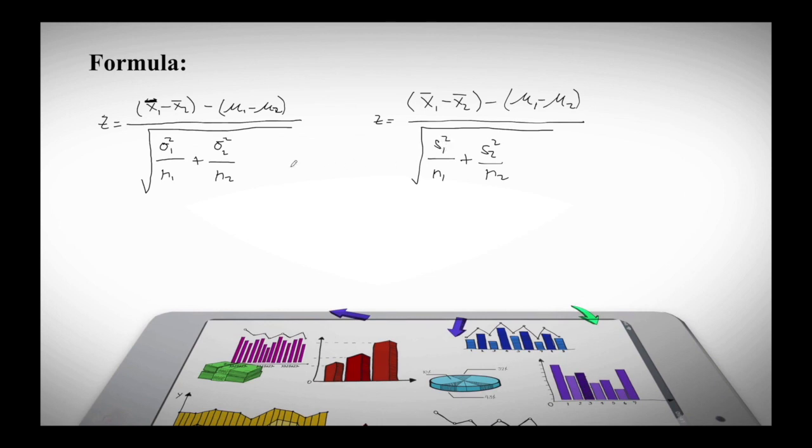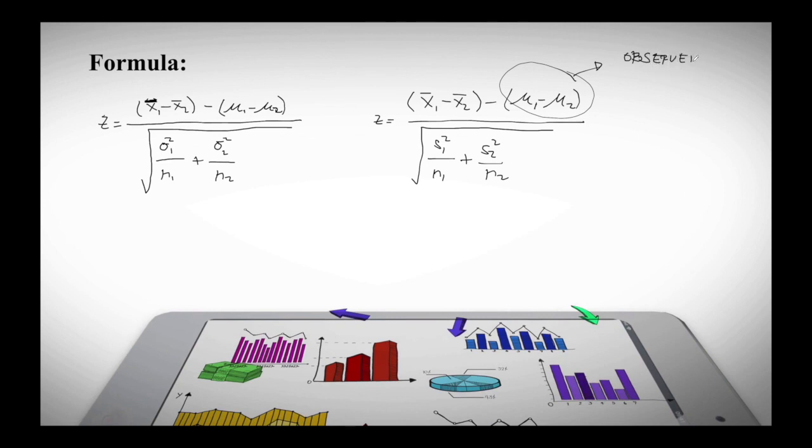Now, for the n sub 1 and n sub 2, this is very basic, no? This is the sample size for group 1 and group 2, or the first set of data and the second set of data. Mu sub 1 and mu sub 2, and it is actually minus, no? Mu sub 1 minus mu sub 2. This is the observed difference. Again, take note of this one.